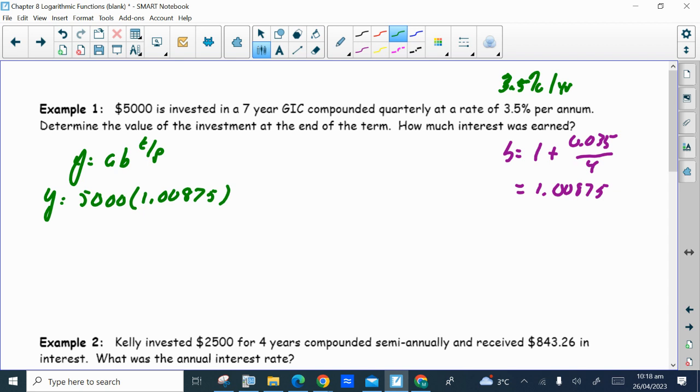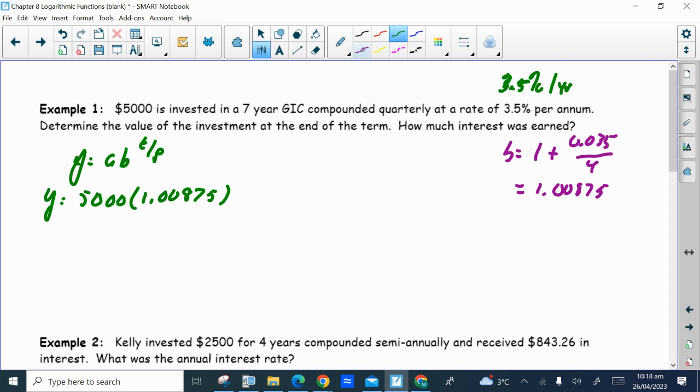T divided by P has to equal 28. 4 times 7 is 28. So your interest is going to be calculated 28 times.